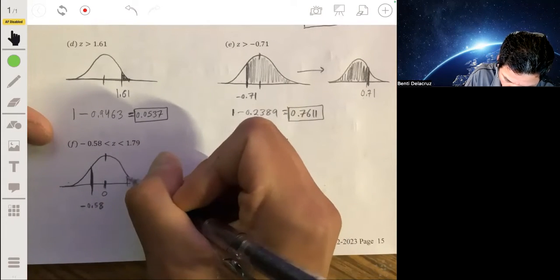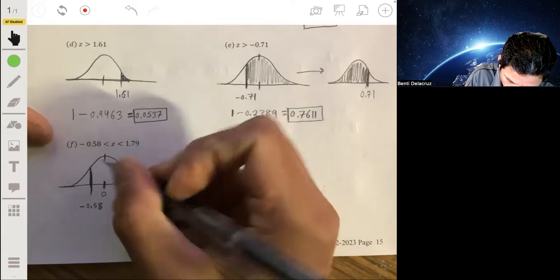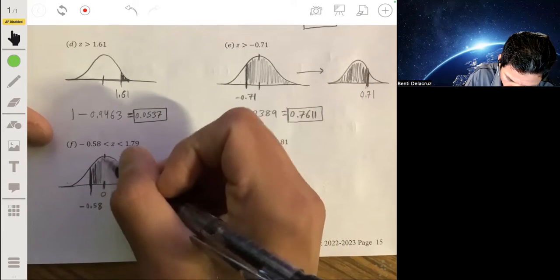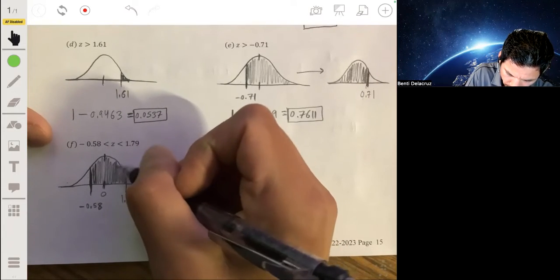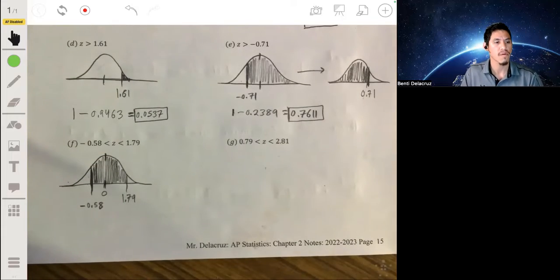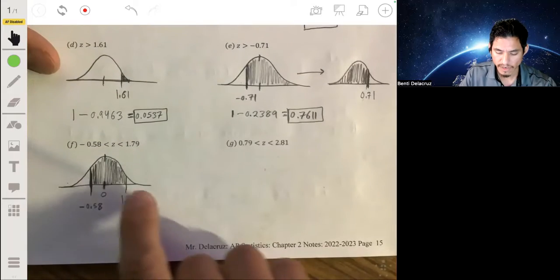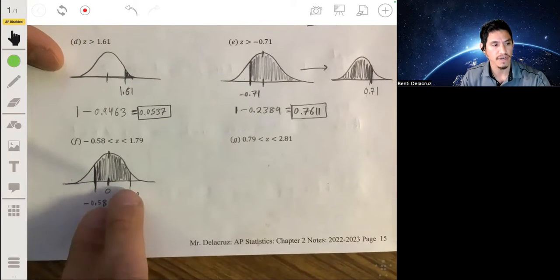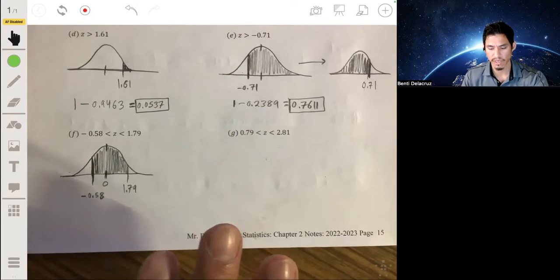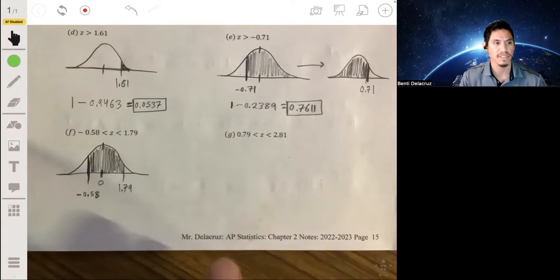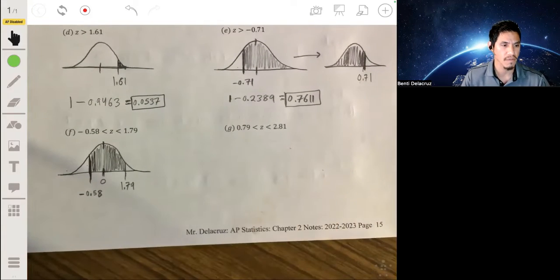And 1.79, like that. Okay, so we want to find the area between two z values. Again, I'm just going to show you one of the ways. There's more than one way, so do whatever way makes the best sense and is easiest for you.